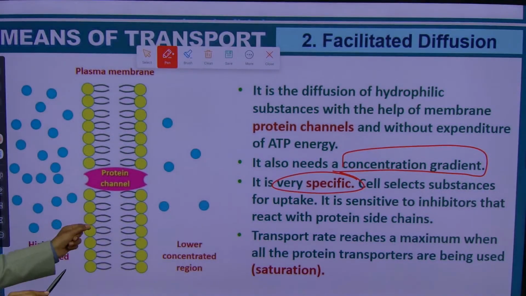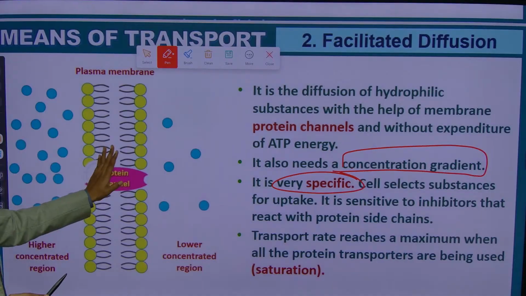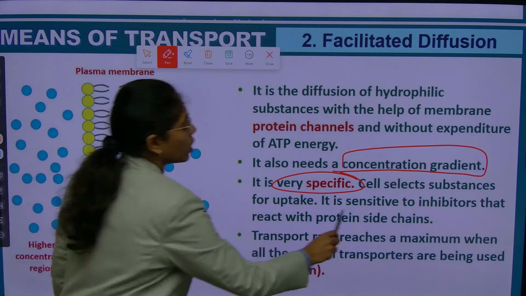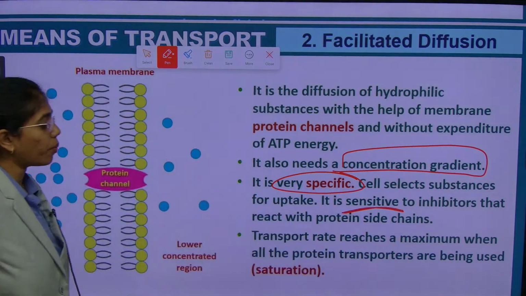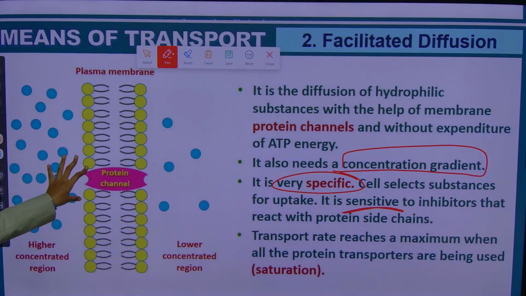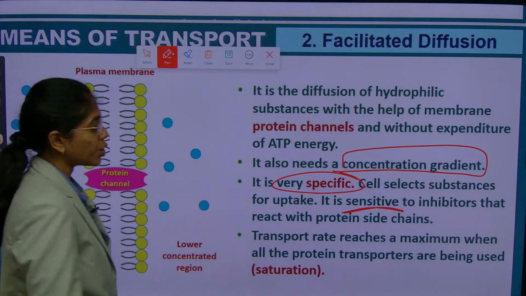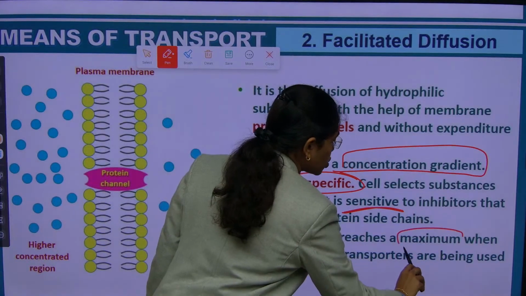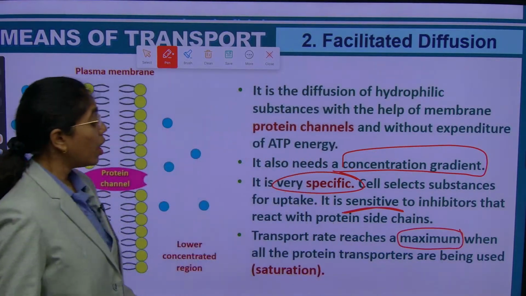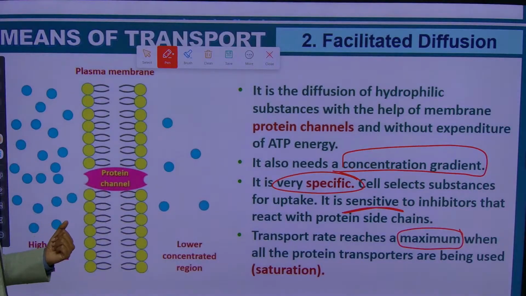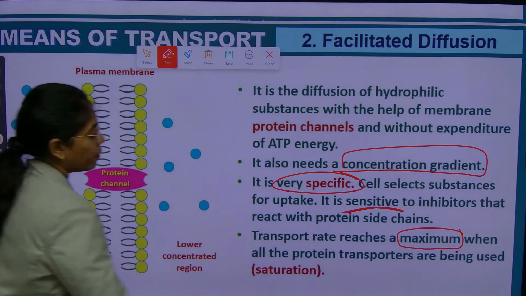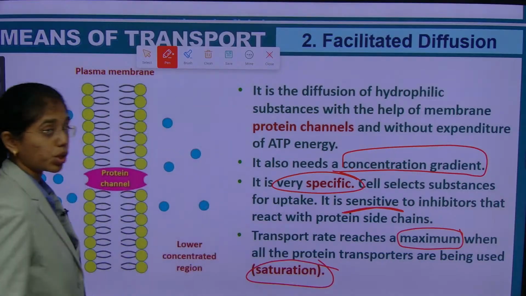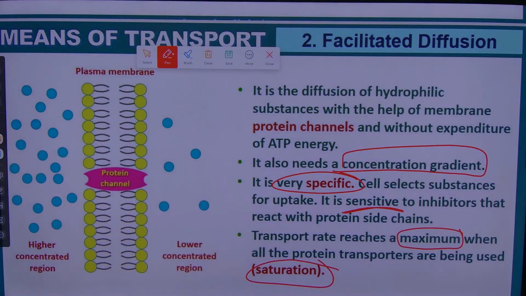Cells select substances for the uptake, and I told you that these are sensitive. The channel proteins or carrier proteins are sensitive to inhibitors which react with protein side chains. The transport rate will reach maximum when all protein transporters are being used and when they reach saturation. Clear till here? Any doubt anywhere?